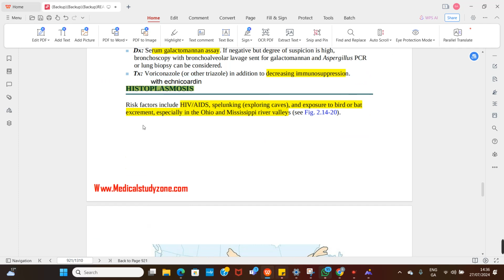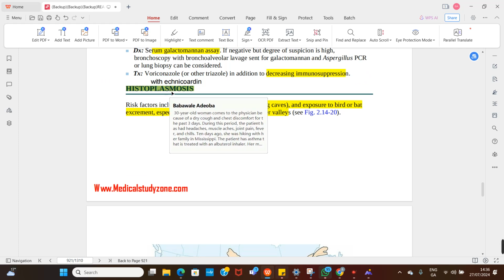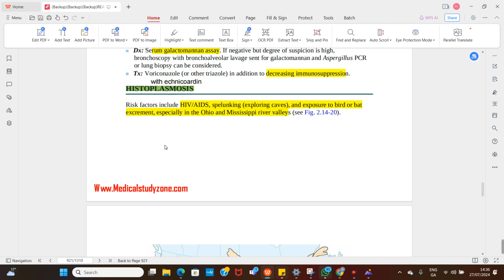Histoplasmosis, I've said one thing about it. If you see somebody having symptoms of histoplasmosis, rule out what? Immunosuppression.